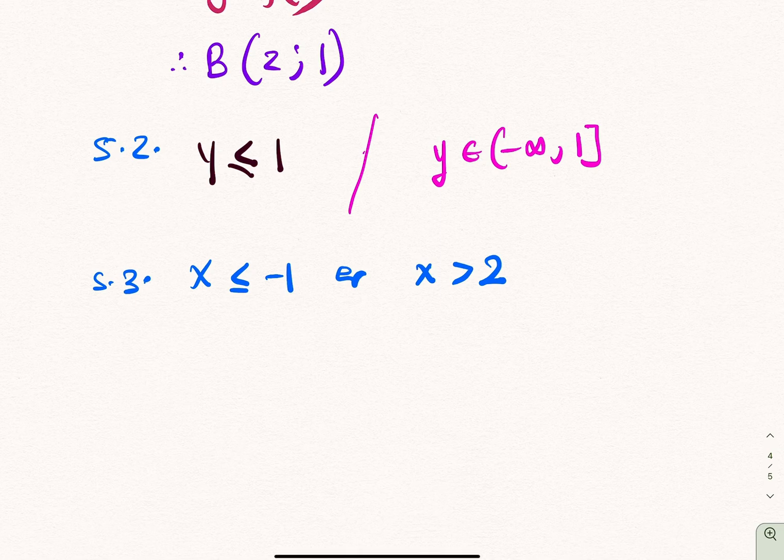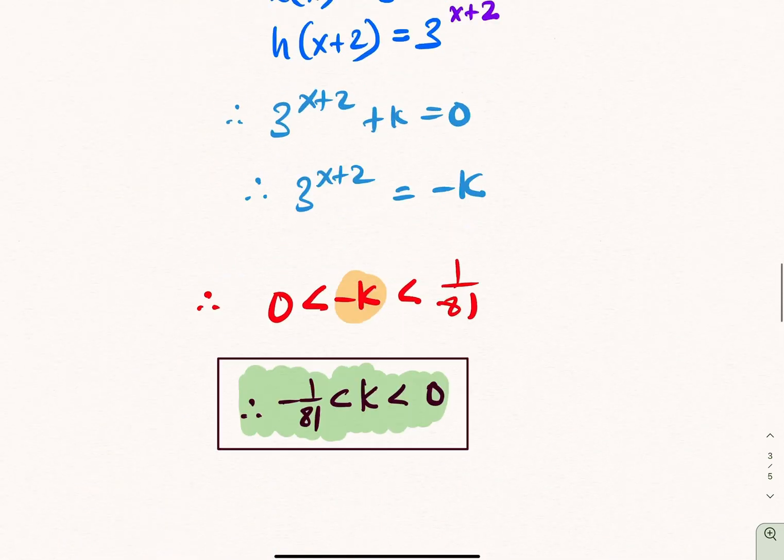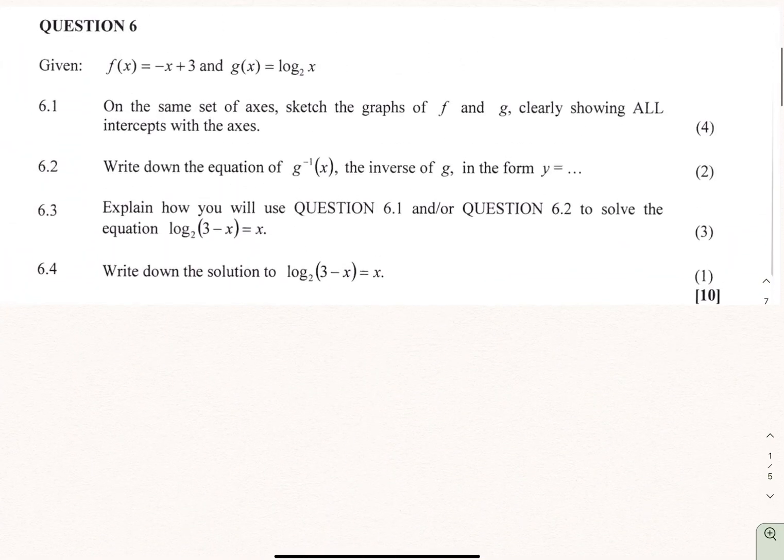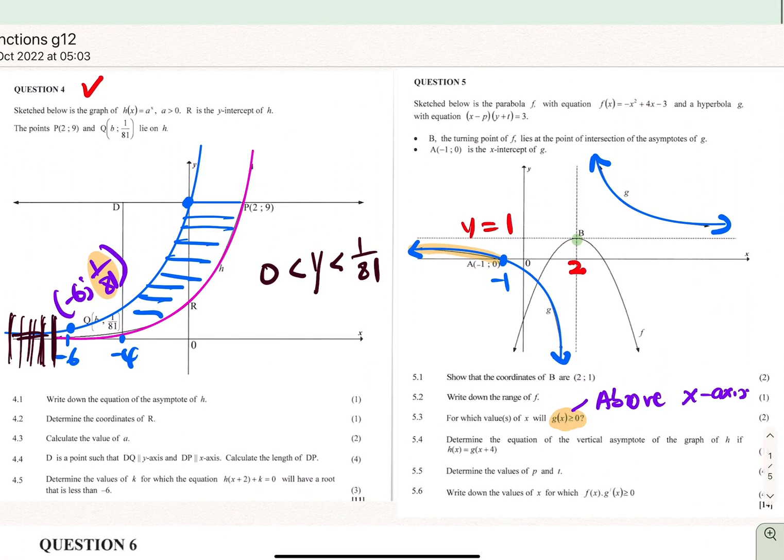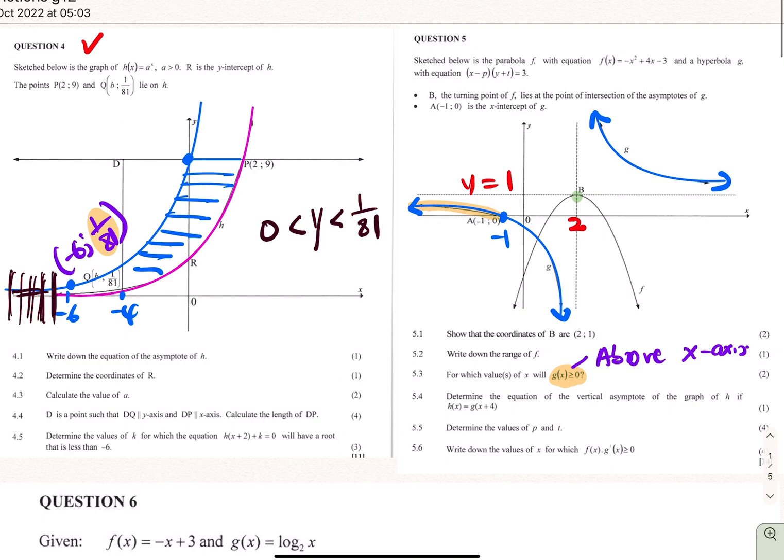This is how you're going to interpret that one. You look at where x is above the x-axis. But if they say less than 0, you look at below the x-axis. All right. This is very easy. I guess you get that sense.